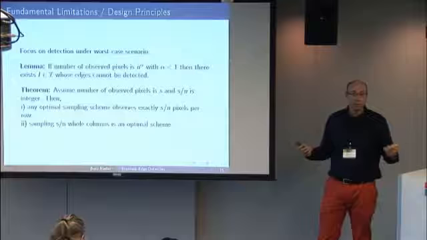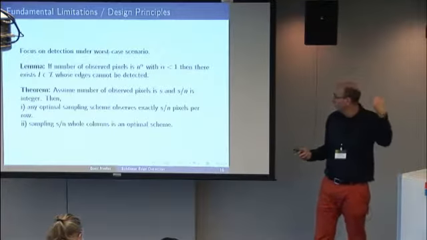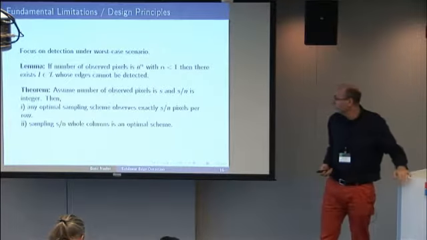So if I have a budget of S pixels, and let's assume for simplicity that S over N is an integer, then we have a notion of what is an optimal sampling scheme. I don't have time to go into the exact details, but an optimal sampling scheme is the one which, in a worst case scenario, has highest detectability power. So any optimal sampling scheme must distribute its budget evenly. It must observe exactly S over N pixels per row.